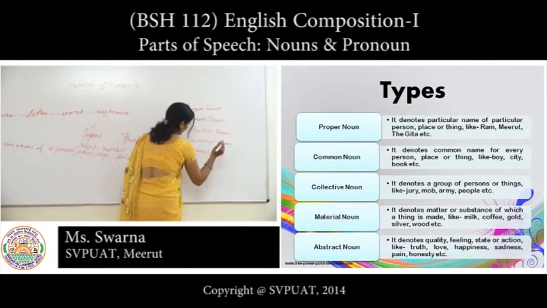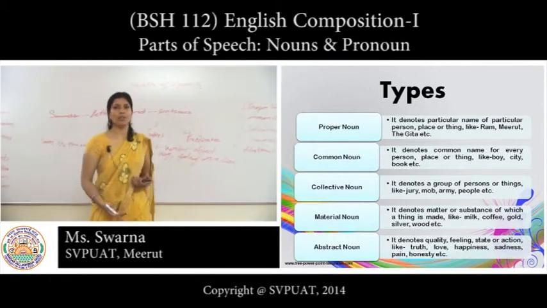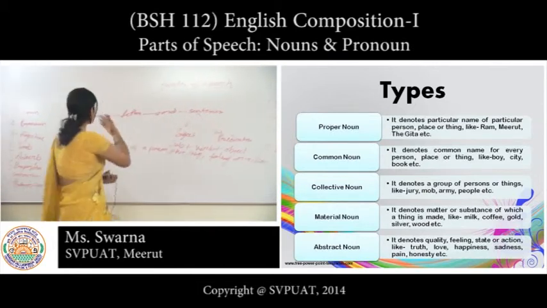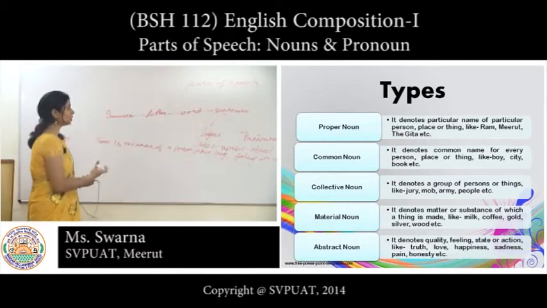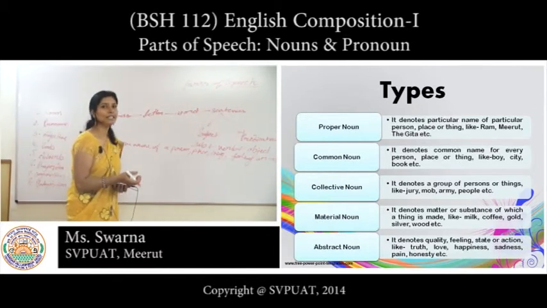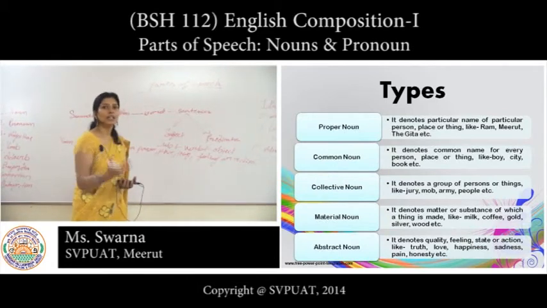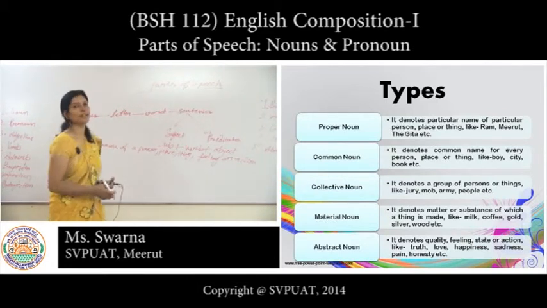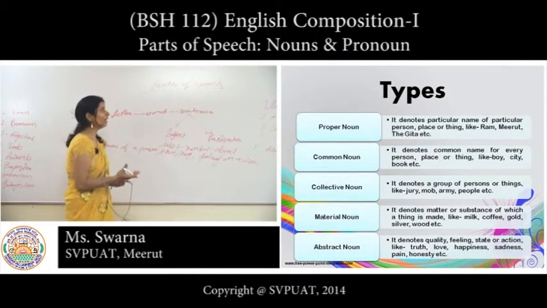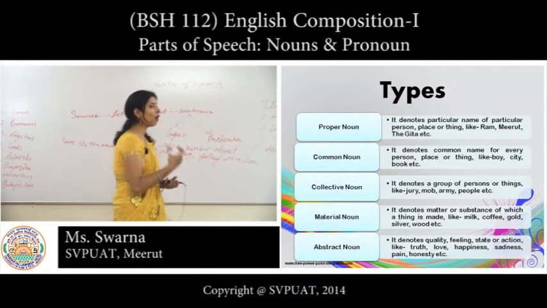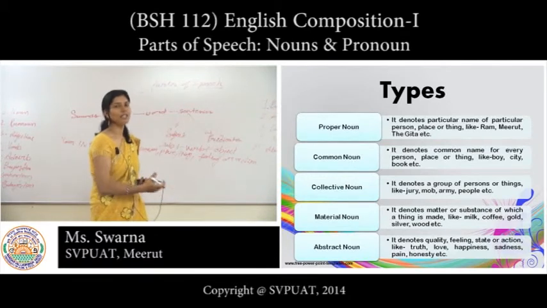It's very easy to know the definition of each part of speech and to know the types or the function of parts of speech. But it is better to understand the use of these parts of speech in a sentence. So you should have in your mind how we can use these parts of speech in a sentence.